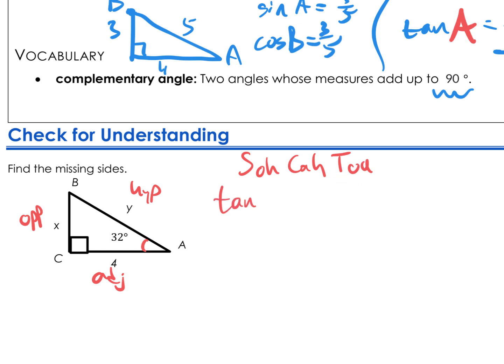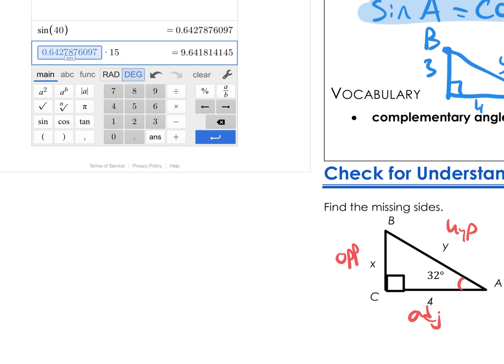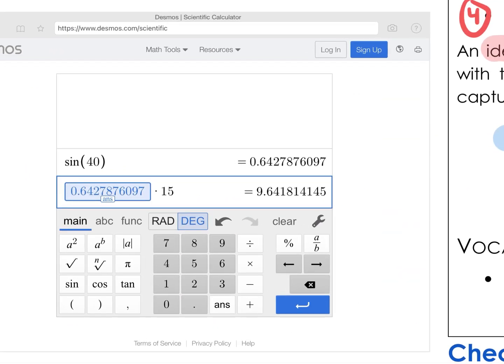So the tangent of our angle, 32 degrees, is the opposite length, which we know is x. We actually don't know it, I guess. And the adjacent is 4. There you have it. So we can go to our calculator. We can find out what the tangent of 32 is. Let's go find that out. All right. And so we'll get our tangent of 32.